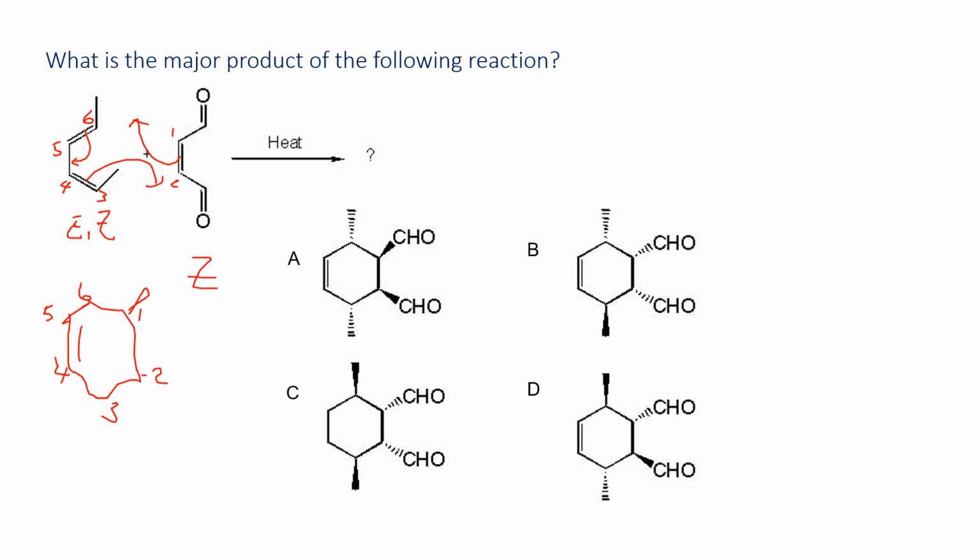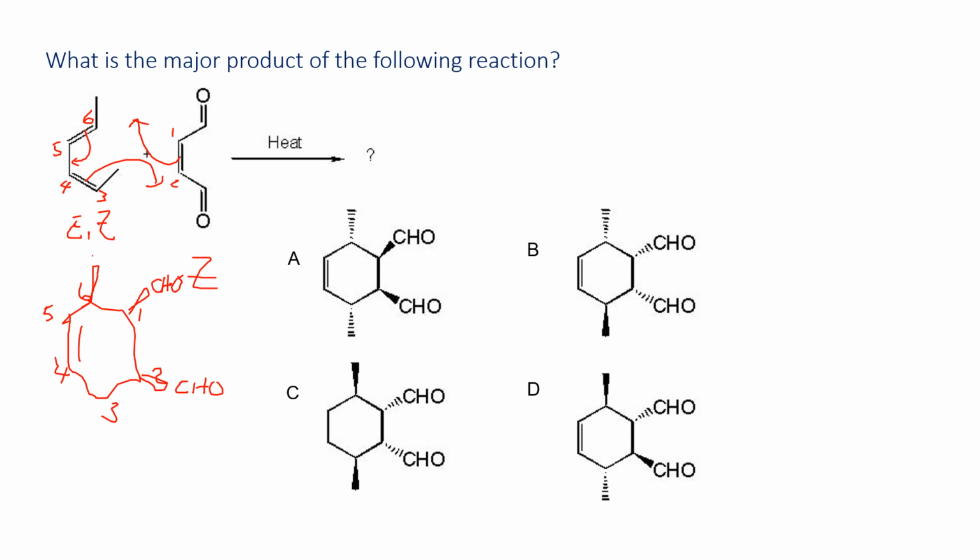So here I'm just going to call these CHO for the aldehyde. On the other hand, on carbon 6, we have a methyl. I'm going to draw this methyl as up on the ring.